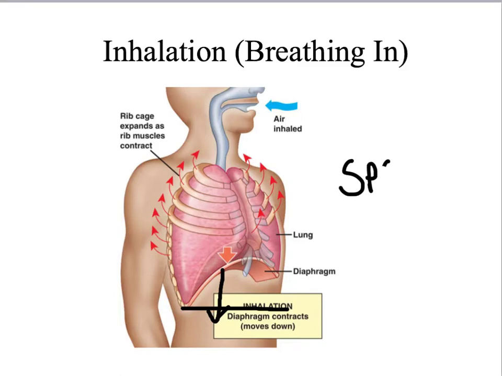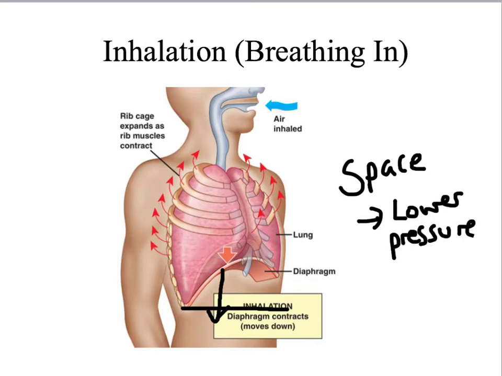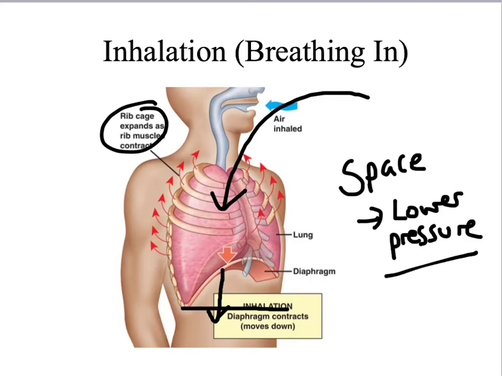And by increasing this space, we lower the pressure inside the chest. And by lowering the pressure, air is going to move from the outside space into the area of low pressure, which means moving into the lungs. So in summary, both sets of our muscles contract, and by doing that, the chest cavity gets bigger, which lowers the pressure, which then means air is forced into the lungs.